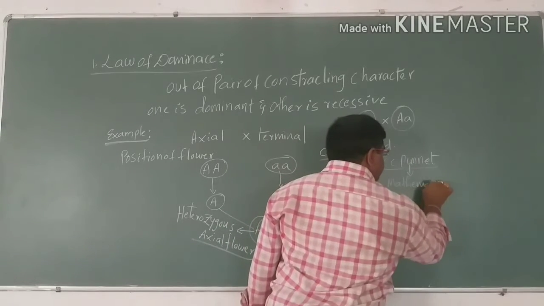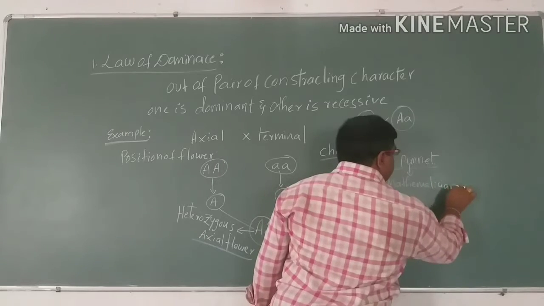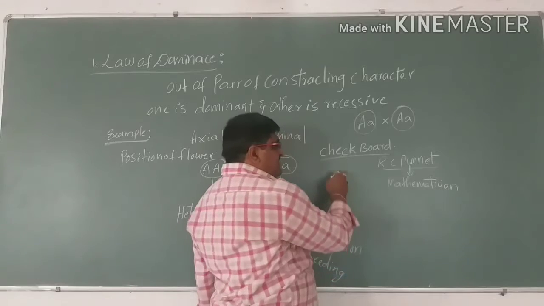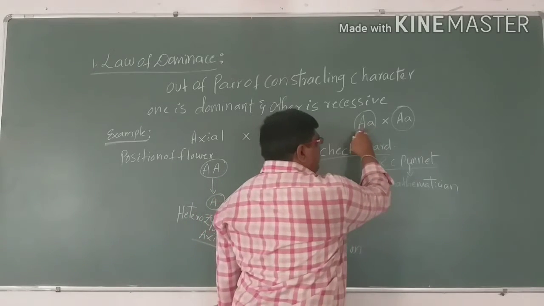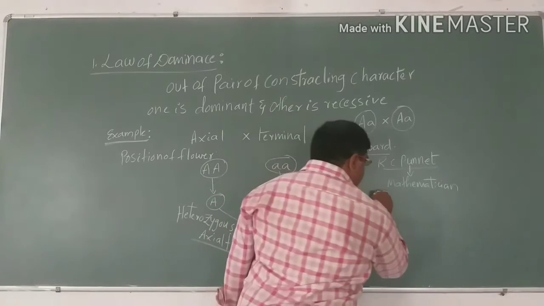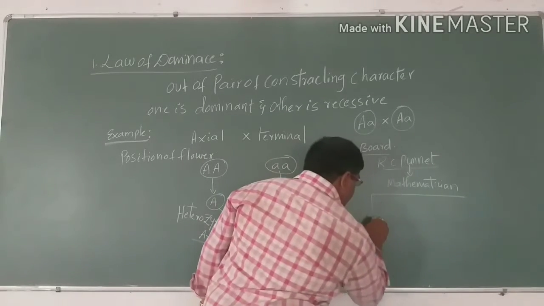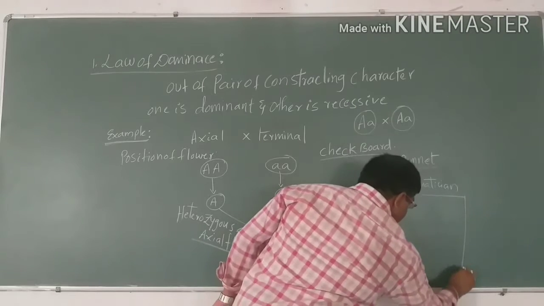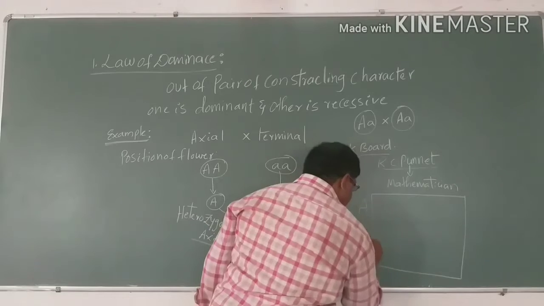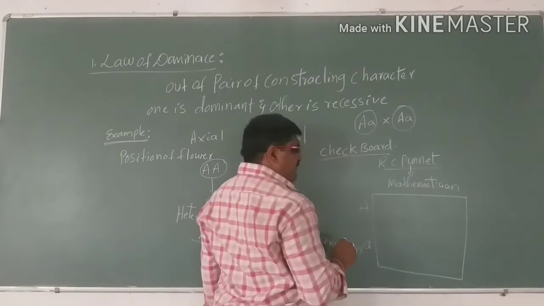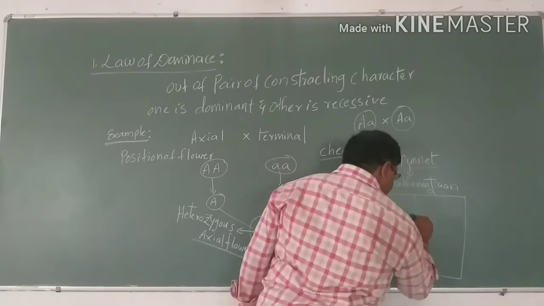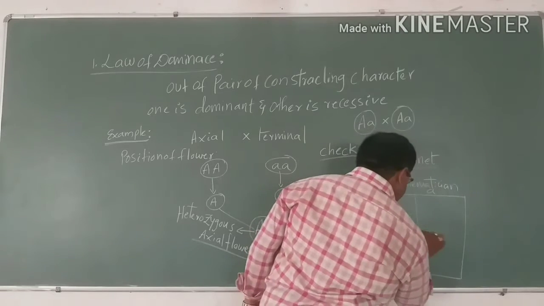In the checkerboard, one side is taken for the male gametes and the other side for the female gametes.